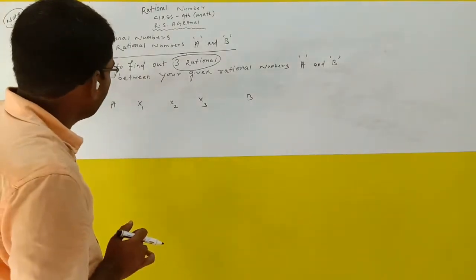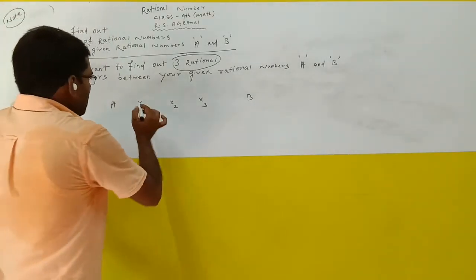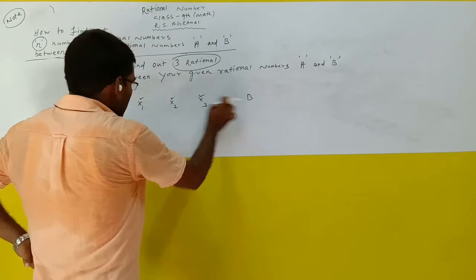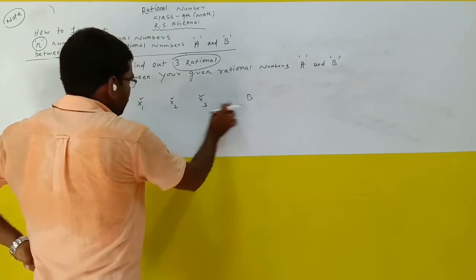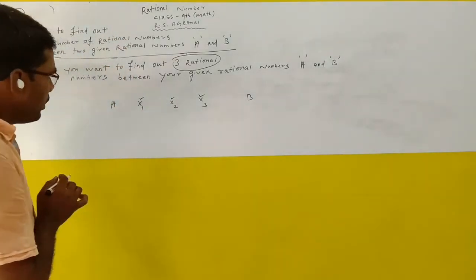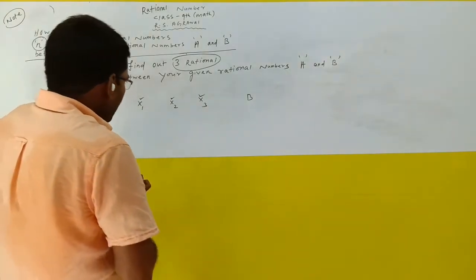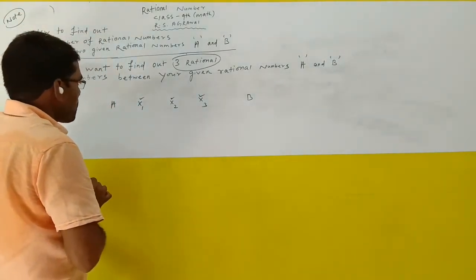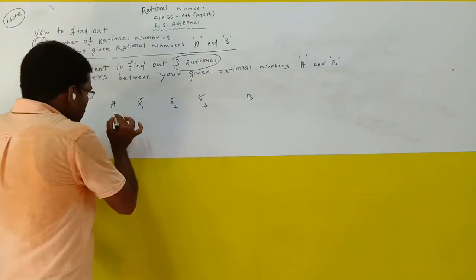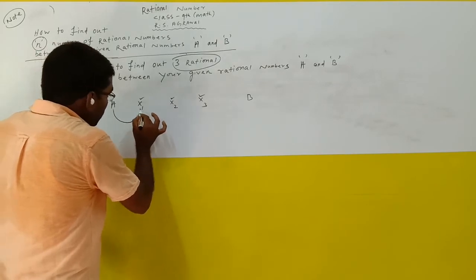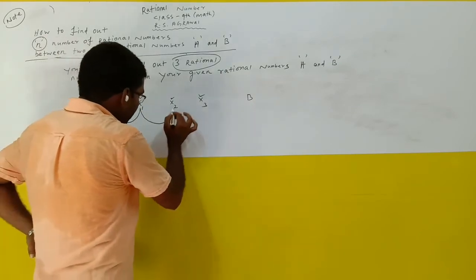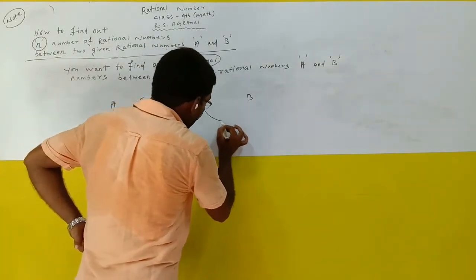Then you will see that from A to B there are totally four gaps. It is the first gap, the second gap, the third gap, the fourth gap.